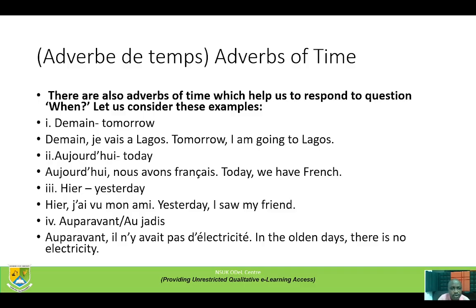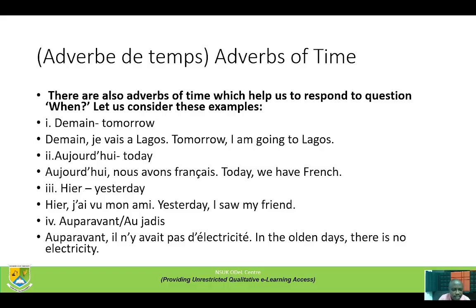Adverbes de temps, adverbs of time. There are also adverbs of time which help us to respond to the question when. Let us consider these examples. Demain means tomorrow. Demain je vais à Lagos. Tomorrow I'm going to Lagos. Aujourd'hui, today. Aujourd'hui nous avons français. Today we have French.